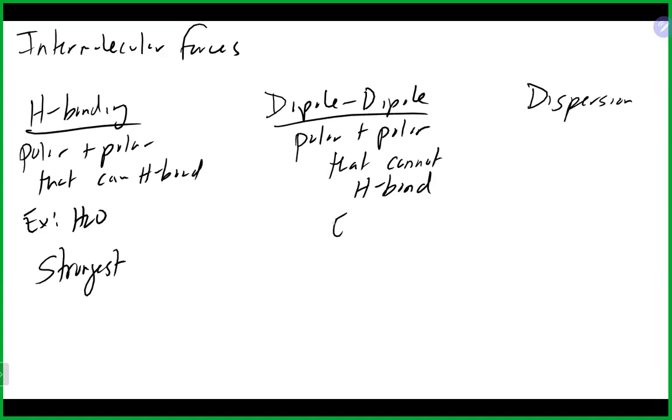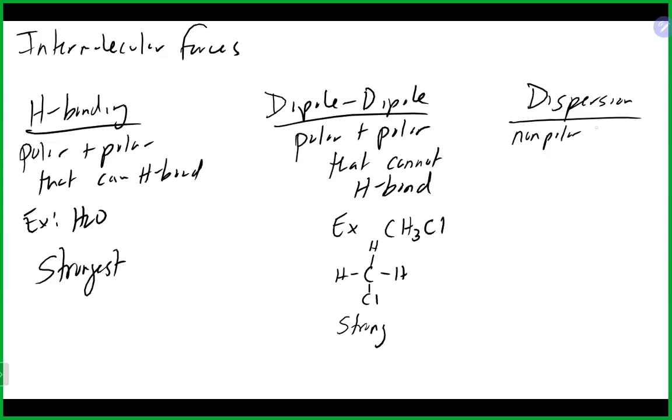So an example, CH3Cl, something that looks like this. That's going to be a polar molecule, and that's still relatively strong as well. And dispersion forces are for nonpolar plus nonpolar molecules.